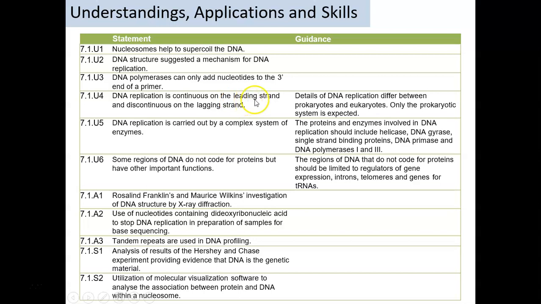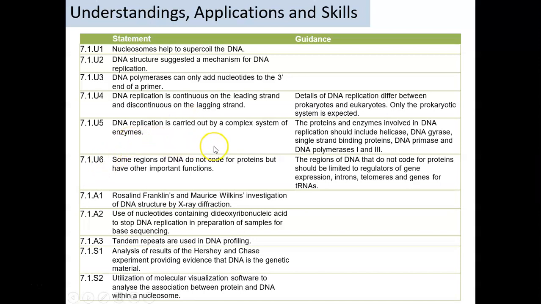The way to remember is that leading means leader, and leaders do perfectly, with one continuous strand, but lagging lacks something, which means it makes some fragments, and then those fragments are ligated at the end to make a continuous strand later, not at the beginning.